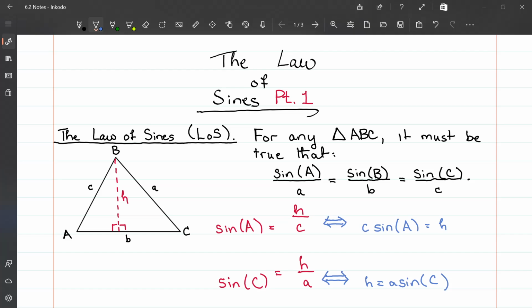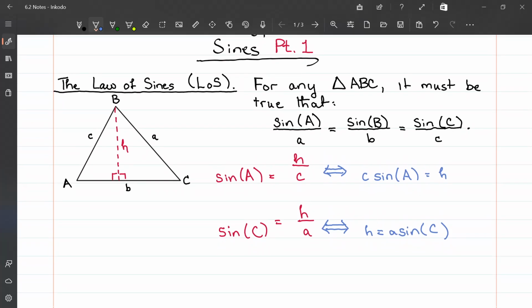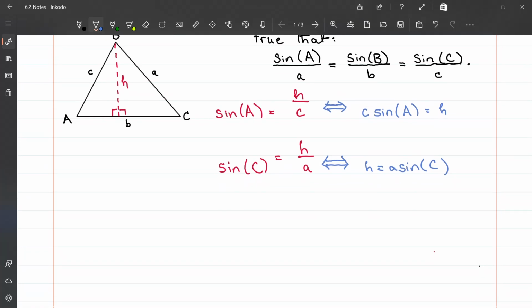And by the power of video editing and algebra, I've rewritten them now in these blue equations. Apparently, h is the same thing as c sine of a, and it is also the same thing as a sine of c. Now that I have written it this way, I can combine this information.